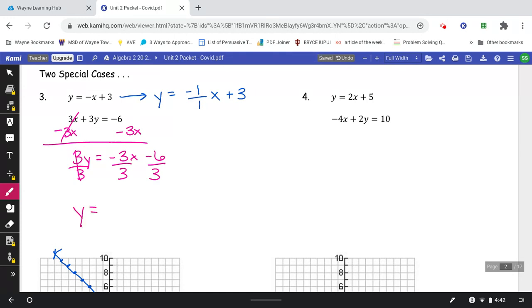When you solve this all the way out, you should have gotten y equals negative 1x minus 2.